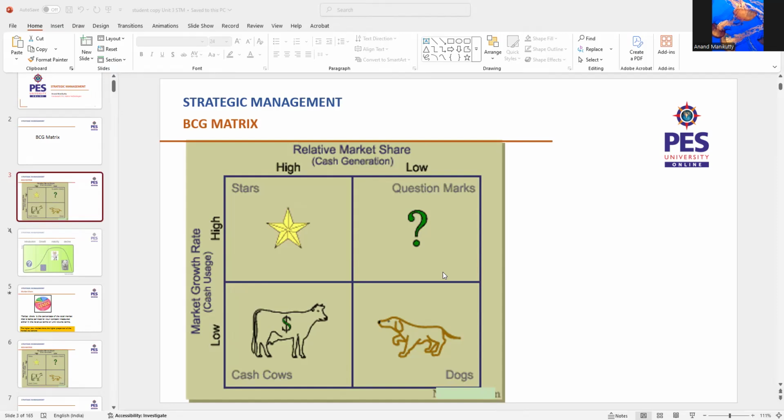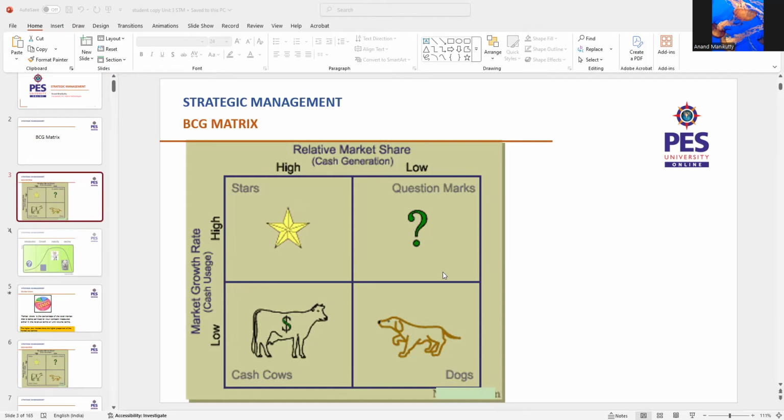A question mark is a bet, high risk and high potential. Then come the dogs, low growth, low market share. These are businesses that don't grow and don't lead. They're not necessarily bad, but they don't usually deserve major investment. A dog is for maintenance or divestment.